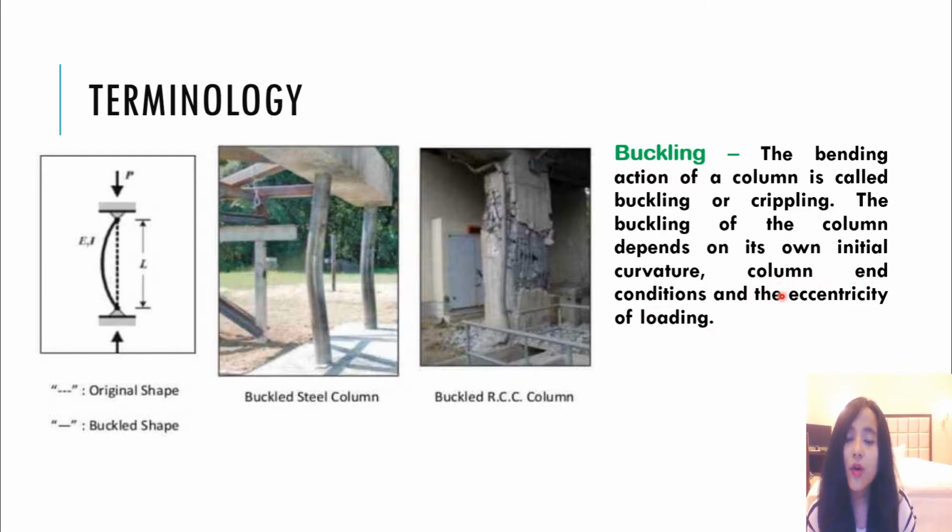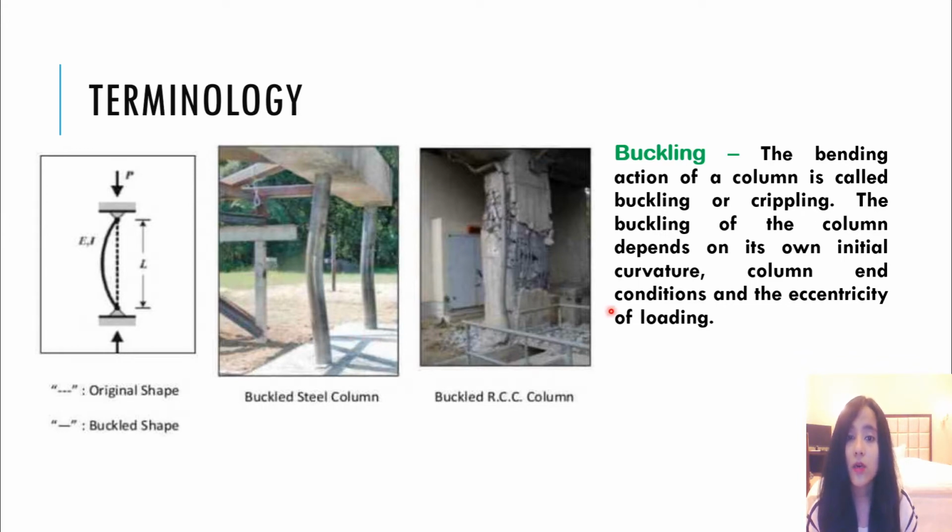Now for the column end condition, if the column is carrying a load from above, अगर उस ऊपर के लोड कम है तो इसका बकलिंग ज्यादा नहीं होगा, right? If the load that it is carrying at the top is very heavy and the column sections given are not adequate to take the load coming from above, then the column will again buckle.